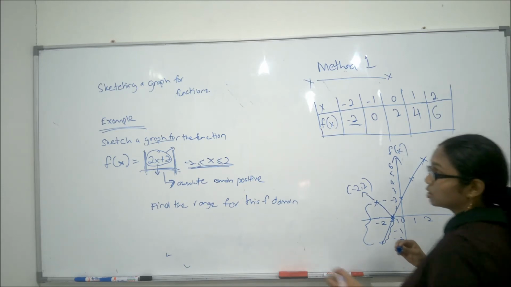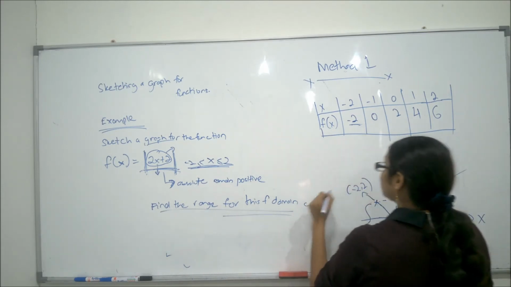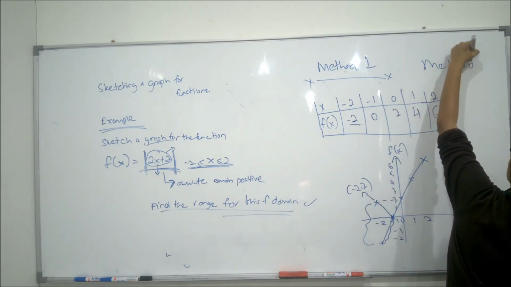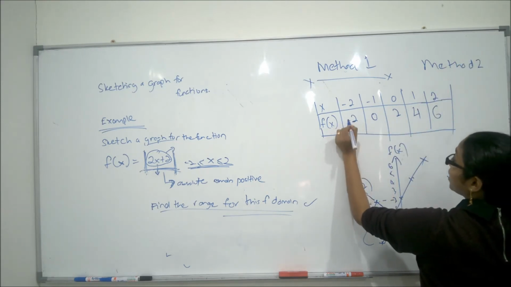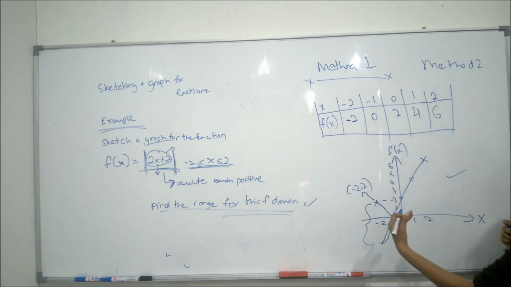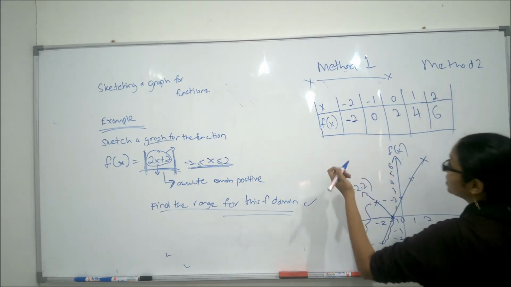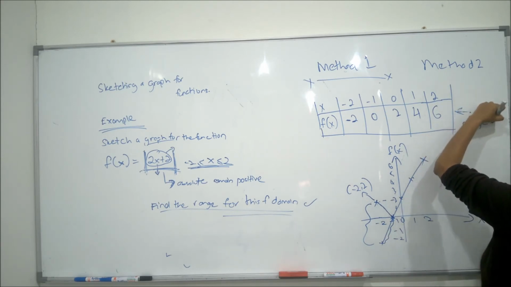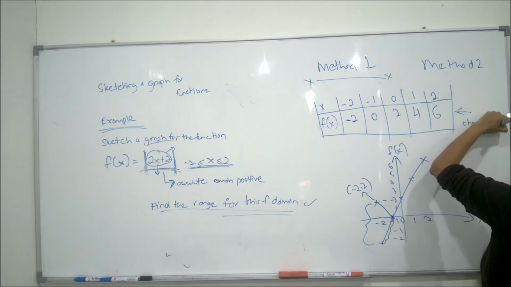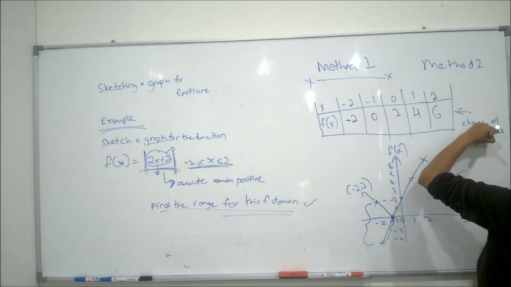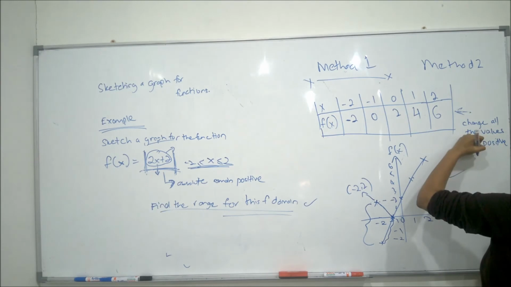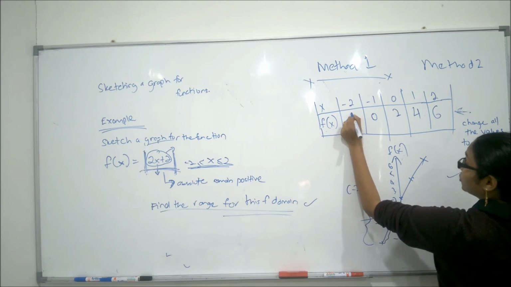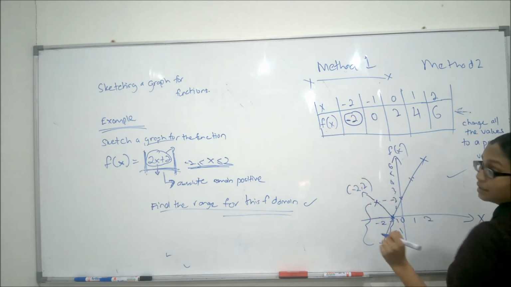Okay, before solving for this portion of the question, let's go on to method 2 first. So what is method 2? Method 2, very simple. Instead of coming up with a negative value in the table and then doing this mirror image stuff, all you have to do is, in this particular table itself, change all the values to a positive value, which means that in these fx values, the only value that is negative is this.